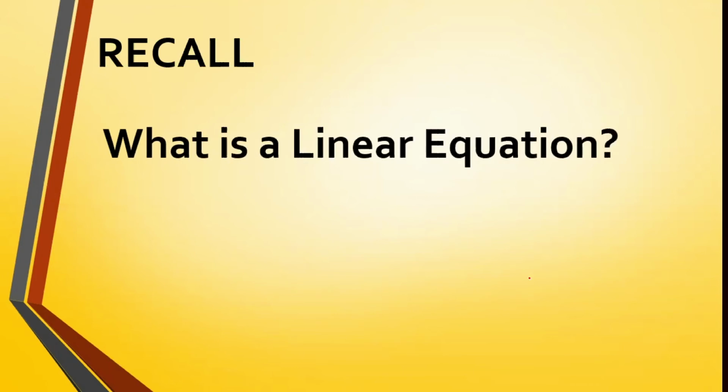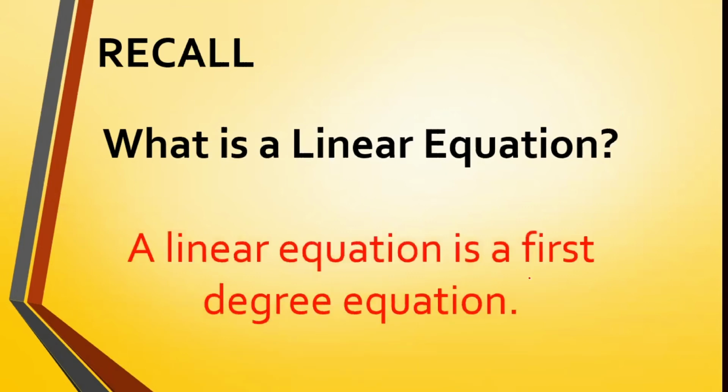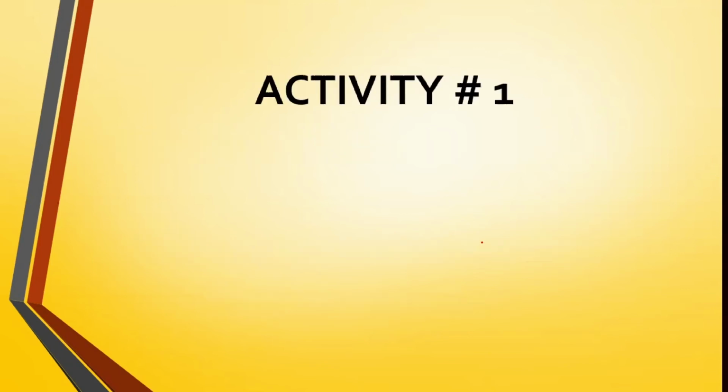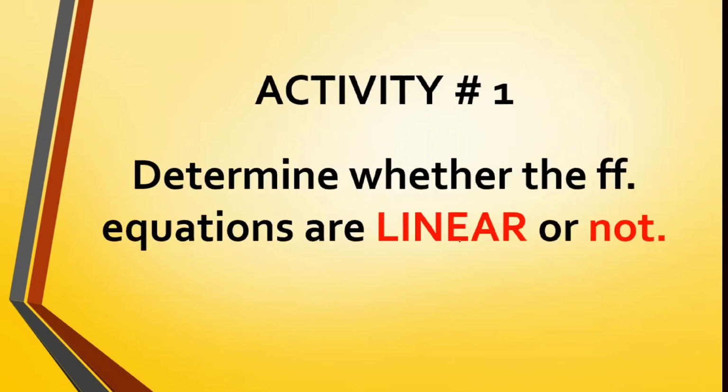So when we say linear equation, the exponent is 1 or it is a first degree equation. So for our activity number 1, we have to determine whether the following equations are linear or not.